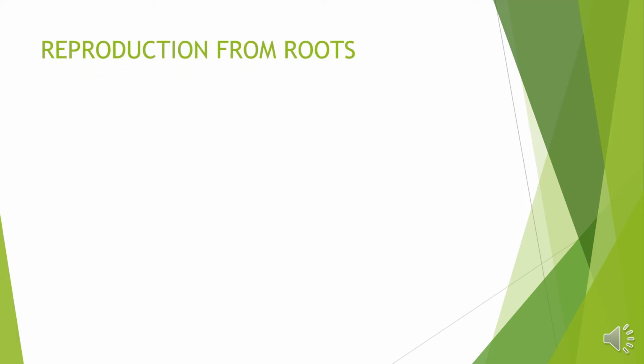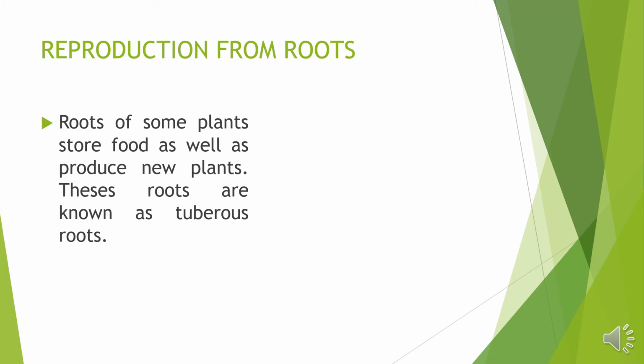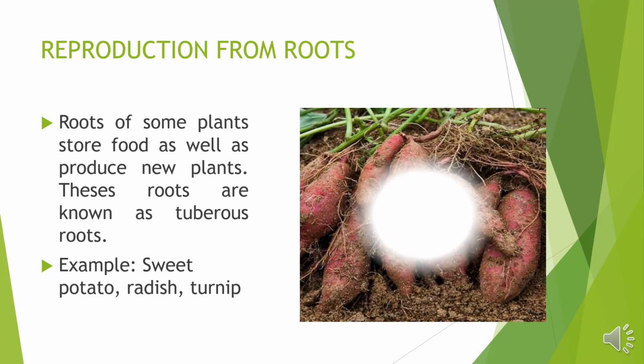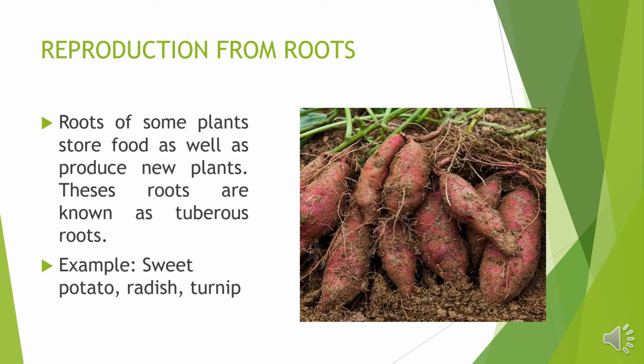Reproduction from roots: roots of some plants store food as well as produce new plants. These roots are known as tuberous roots. For example, sweet potato, radish and turnip grow by reproduction from roots.